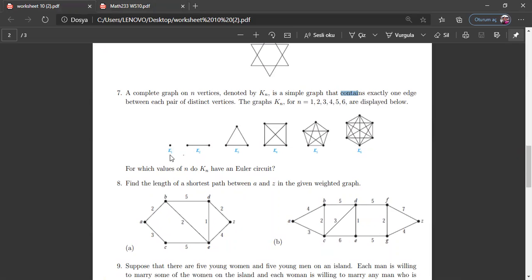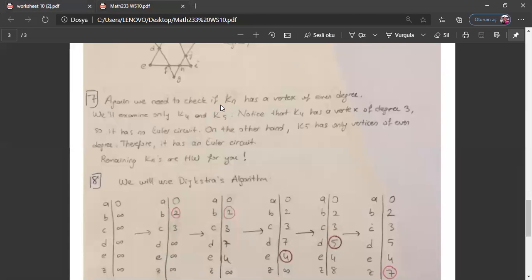Here we have Kn, where n equals 1, which looks like this, and K2 is this, K3, up to K6. We will decide if there is an Euler circuit or not on these graphs. We will find it only for K4 and K5.